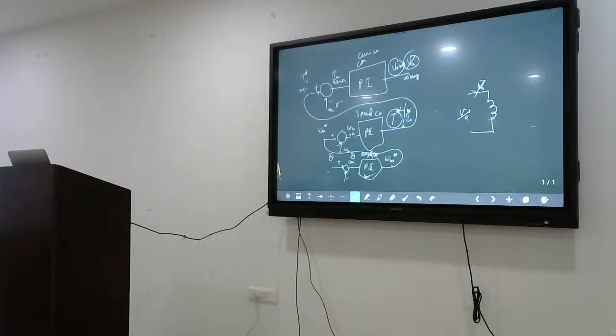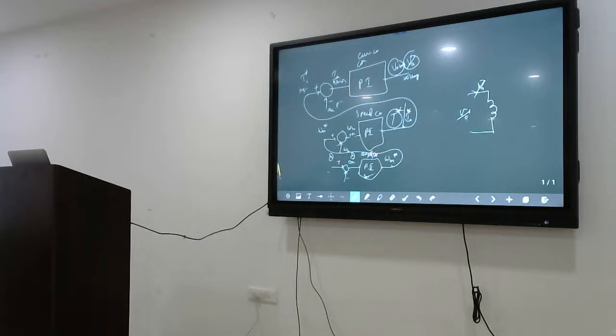If the torque controller is working effectively, immediately your actual current will match with the reference current. Once the reference current is matching with the actual current, then speed error will come to 0. Once speed error is coming to 0, indirectly we can conclude that actual speed and reference speed both are matching. If actual speed and reference speed are matching each other, then you can expect that theta error will come to 0. Next sample.